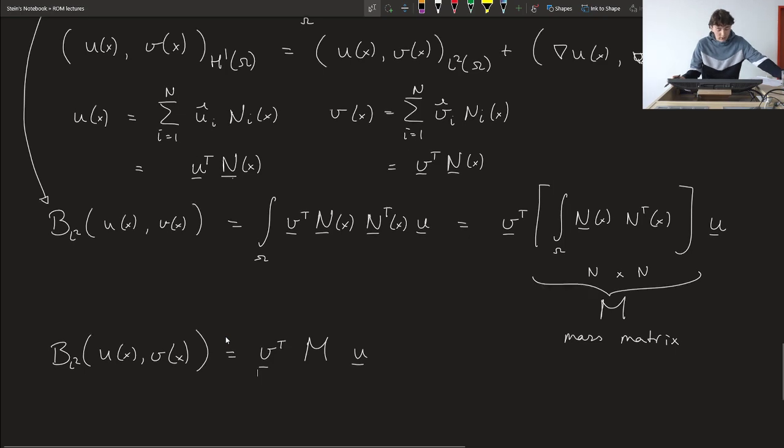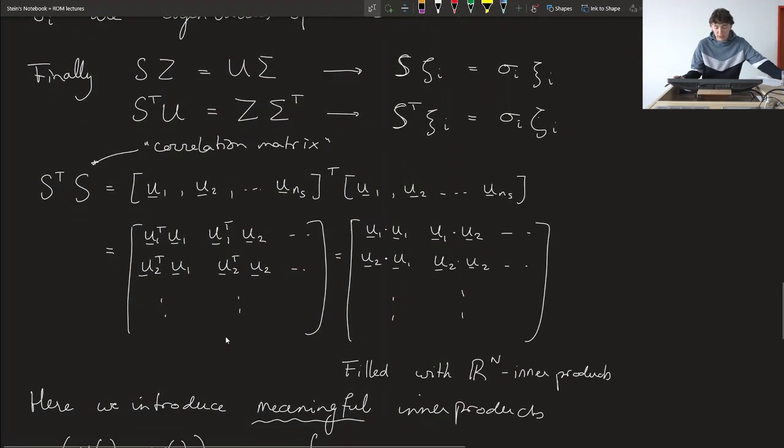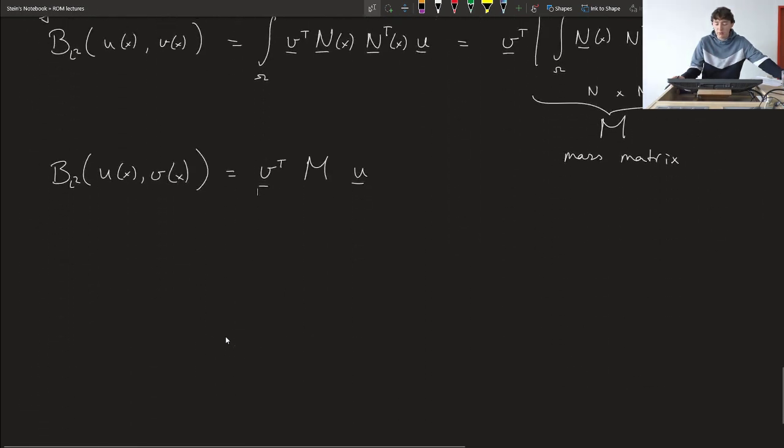Okay, so what was now our objective? We wanted to replace this correlation matrix, which was a combination of inner products in terms of vectors of coefficients, by inner products in terms of functions.